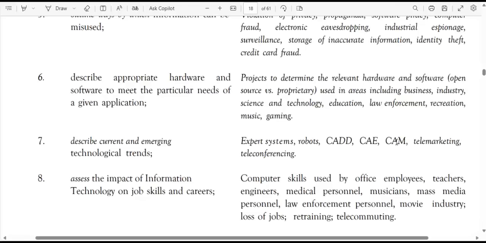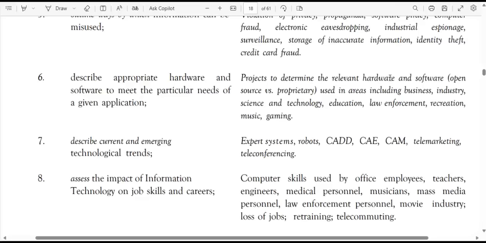All right, so we are going to stop there. The only ones I did not look at, let me look at a few more. Let's look at music. The purpose of hardware and software to meet the particular needs of people in music includes recording, mixing, composing music. The hardware that would be used would be MIDI controllers.